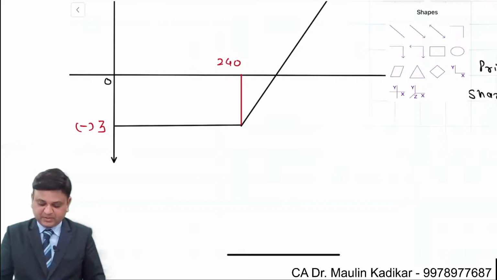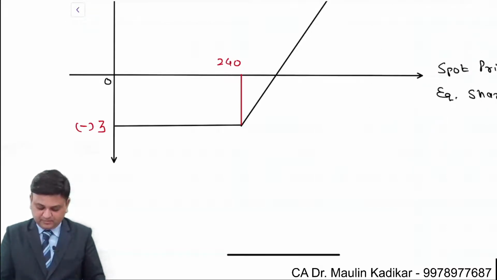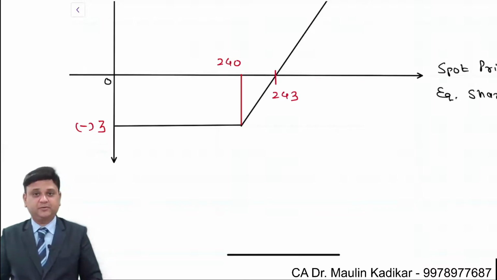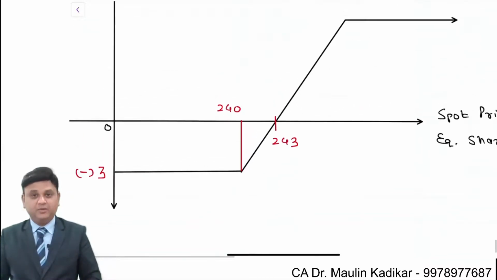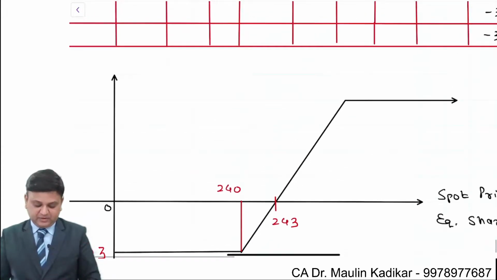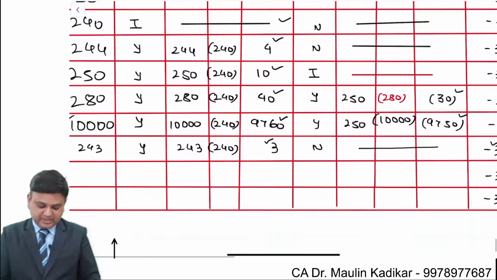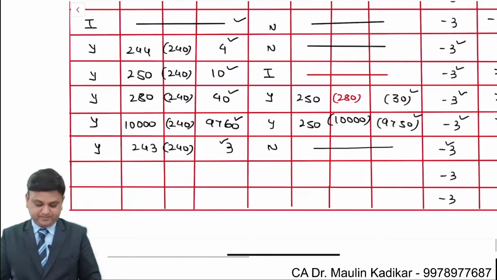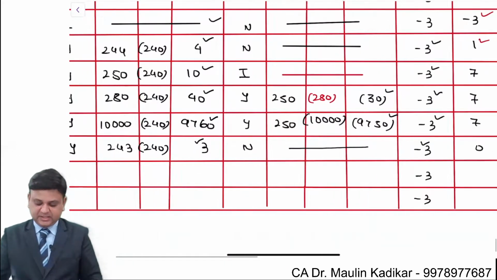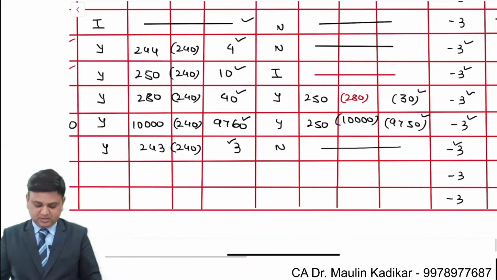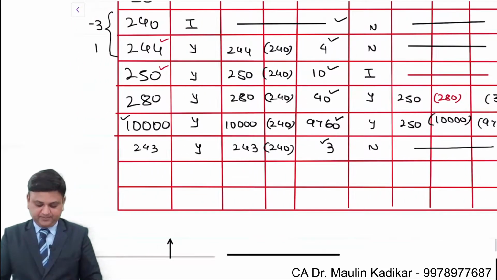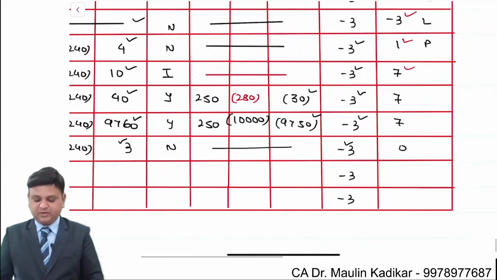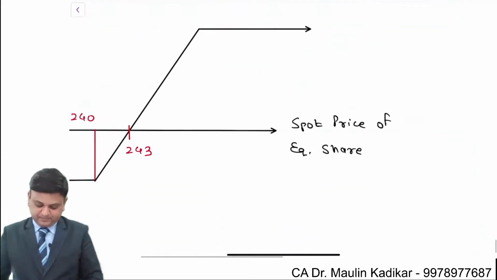At the spot price of the security 243, there is a situation of no profit, no loss. Beyond 243, the profit starts. At 244, there is a profit of rupee 1. At 250, there is a profit of rupees 7. And beyond 250, there is a constant profit of rupees 7 only.